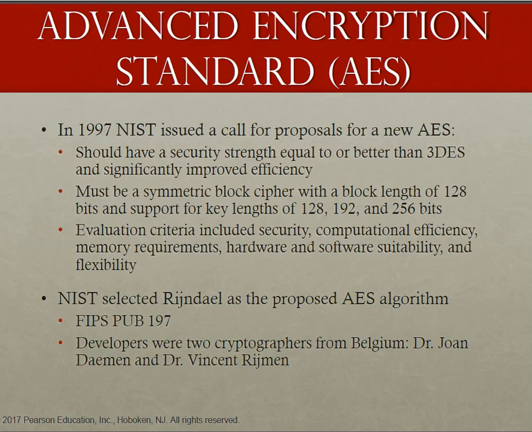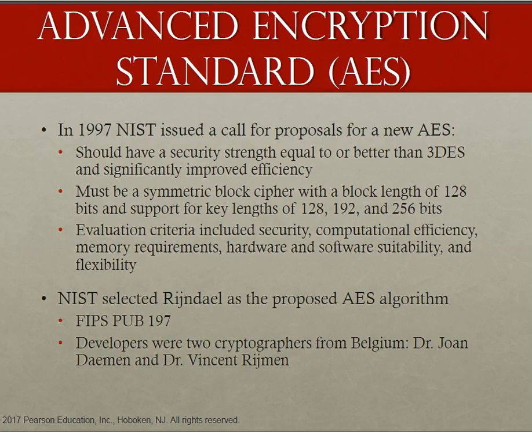The second drawback is that both DEA and 3DES use a 64-bit block size. You see the block size of the data at the first time. For reasons of both efficiency and security, a larger block size is desirable. So because of these drawbacks, the 3DES is not a reasonable candidate for long-term use.